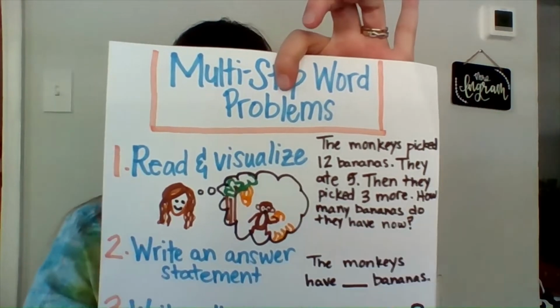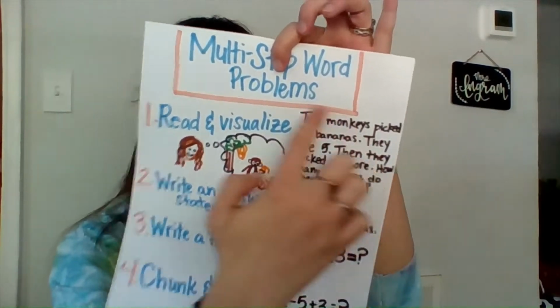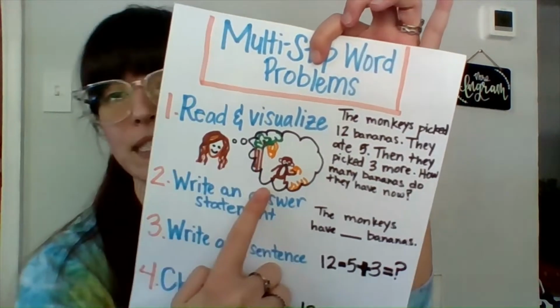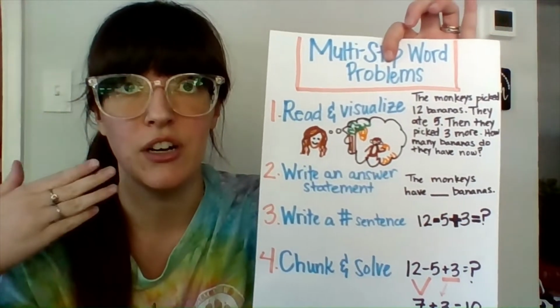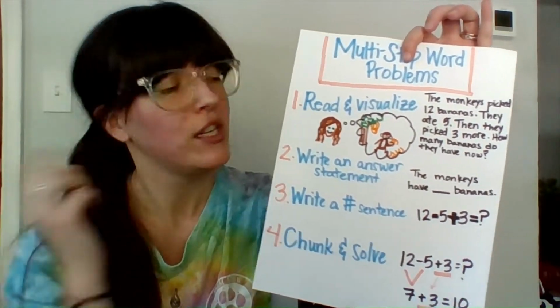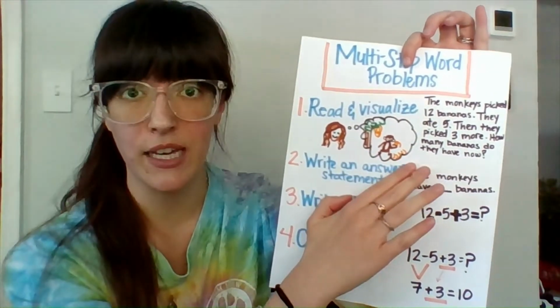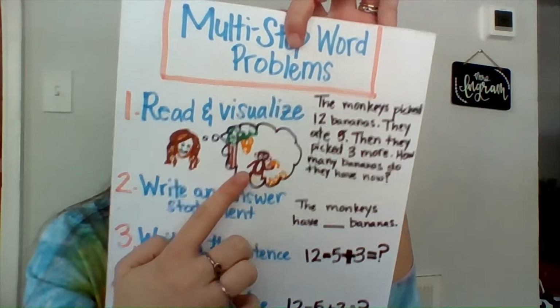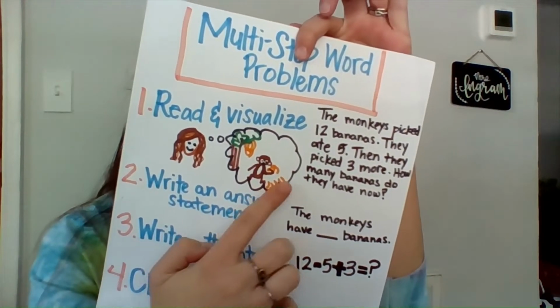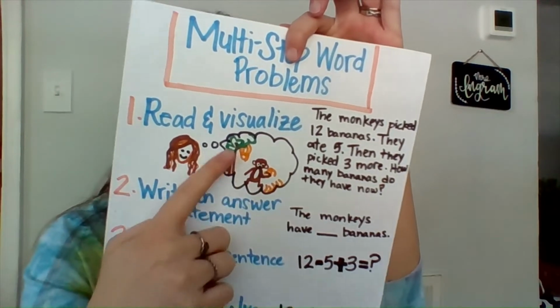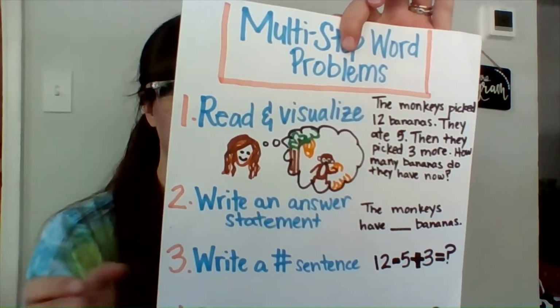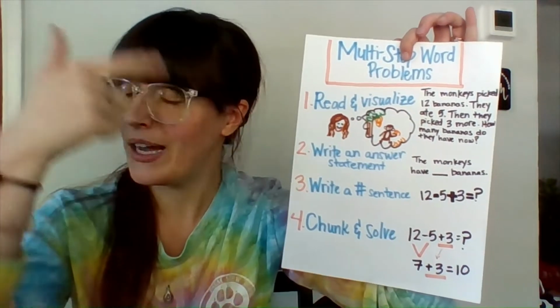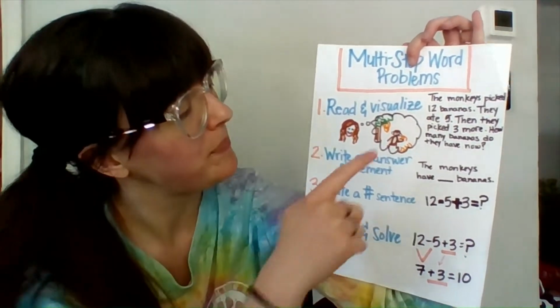So the first thing that I would do is I would read that whole problem and then I would visualize it. That means I'm going to think of a picture in my mind to help me understand what it's talking about. So here I was visualizing the little monkey. Look, there are the bananas that he ate. There are the bananas that he picked after it. So it's helping you understand what's going on in the problem.